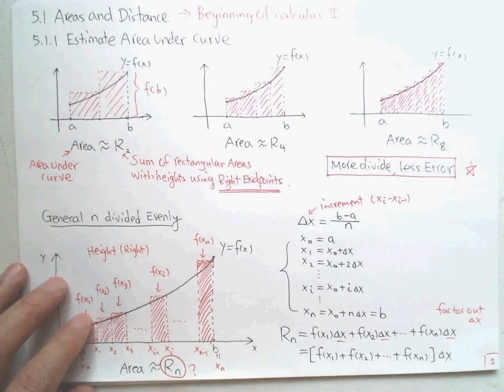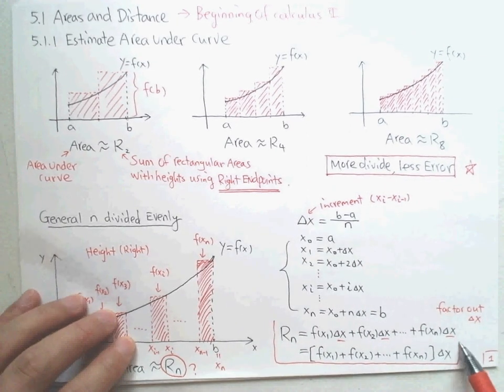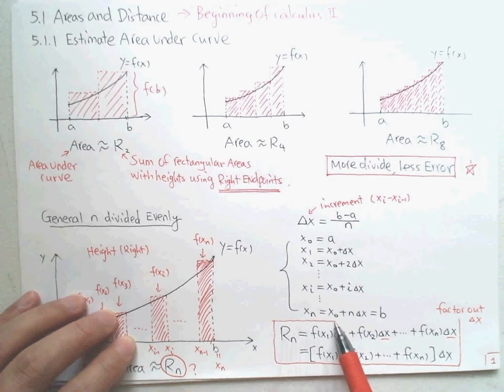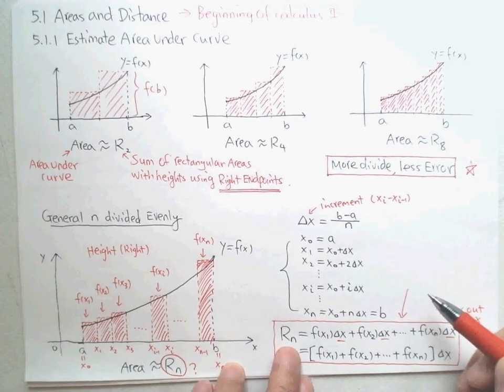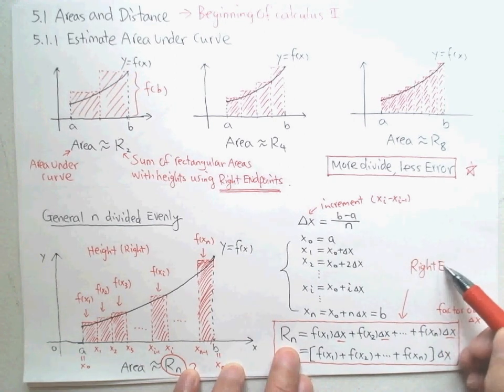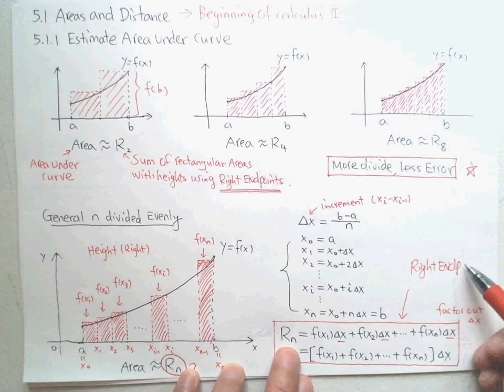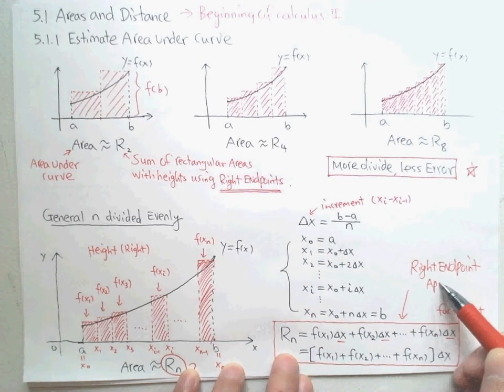So I highlight the first formula we get. We have a name for this: R, the right endpoint estimation, or we call it approximation.